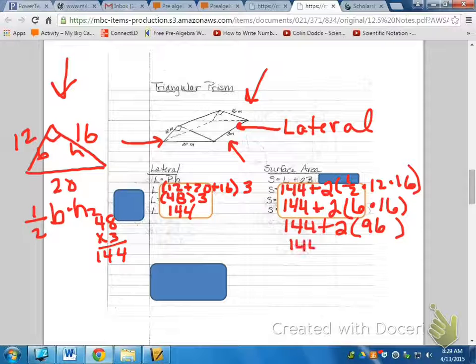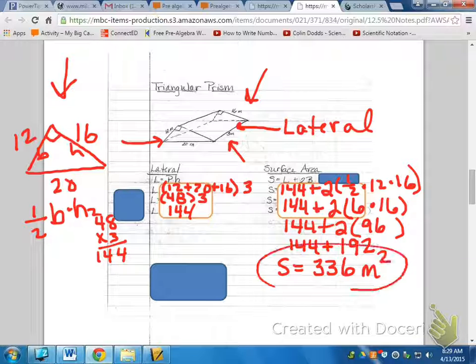So I'm going to keep going. 2 times 96, 192. And finally, I add those two numbers together. 336. And how should I label this? Meters squared.